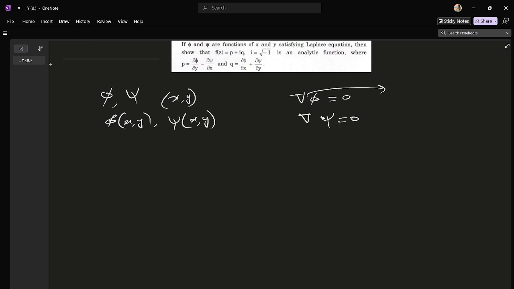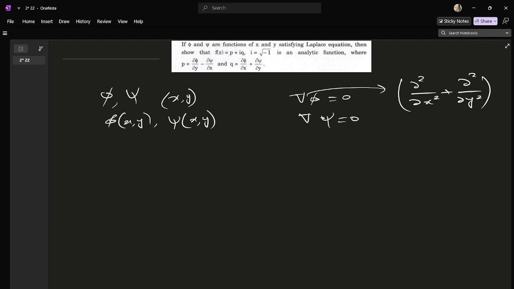And what is our del here? Del is del square by del x square plus del square by del y square. Then, f of z equals p plus iq, where i is root over minus 1, is an analytic function, where p is this and q is this.